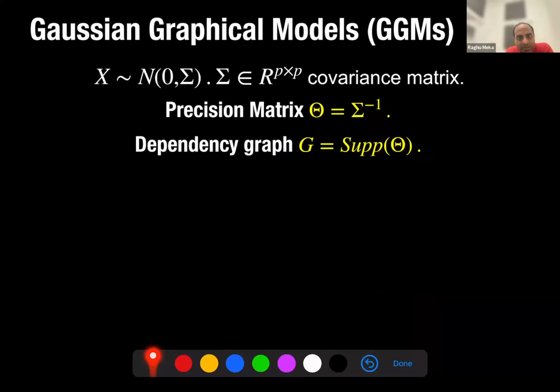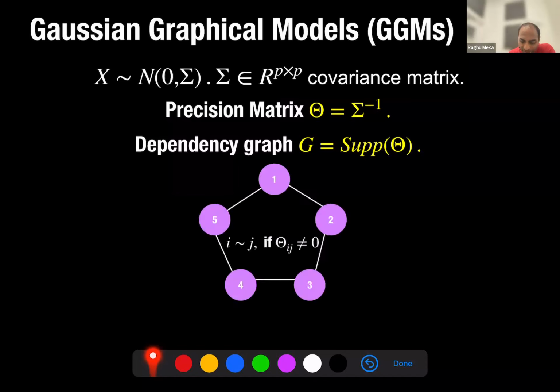Then you can define a graph, which is the support of theta, meaning I add an edge between i and j if the corresponding entry theta ij is non-zero, right? So if theta ij is non-zero, I add an edge, otherwise there is no edge. So I build this graph, and the claim is that this is a dependency graph for the distribution X.